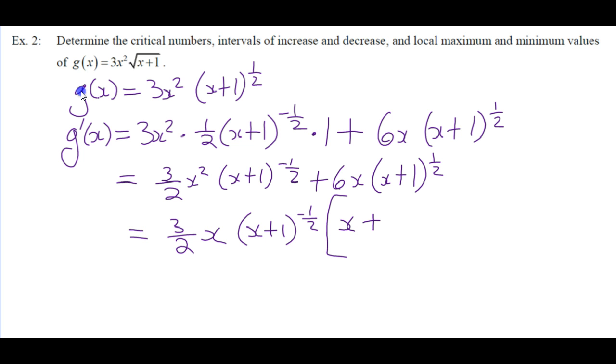Now I can just take the 6 and multiply it by 2/3 and get 12 over 3, which is 4, because 3/2 of 4 is what's going to give you 6. So just make sure whatever you put here, when I multiply this times this, I get 6. The way you do it, you take 6 and multiply it by the reciprocal, 2/3. That'll give you the number you need to go here. So you got the 4, and then the x plus 1.